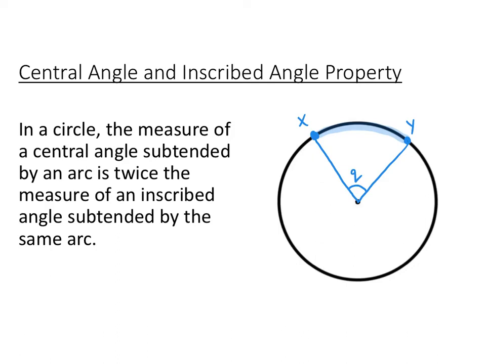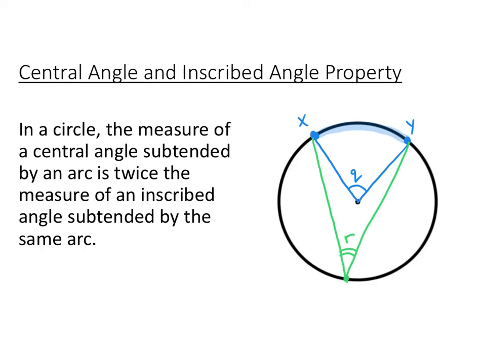So the measure of a central angle subtended by an arc is twice the measure of an inscribed angle subtended by the same arc. So then if I draw an inscribed angle like this, I'm going to call this angle R. And notice I use different symbols on my angles because they're going to be different sizes.